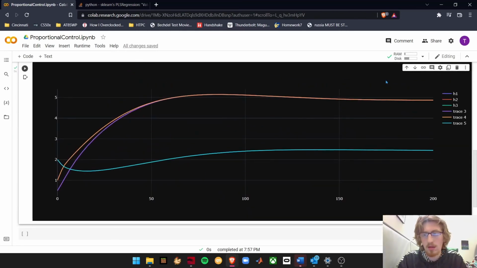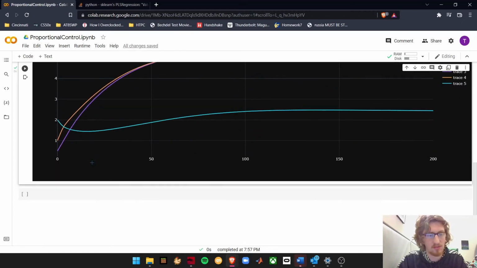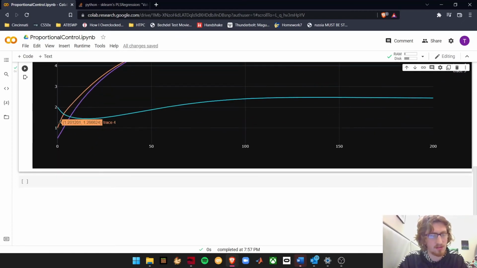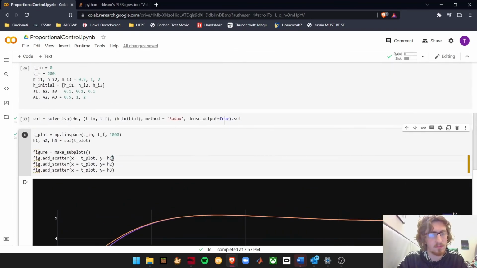So there we go. We have our tank. This looks like our tank 2. Actually, I'm going to go ahead and label these because I'm not... No, this is our tank 2 because it starts at 1 meter. But we'll go ahead and label these.